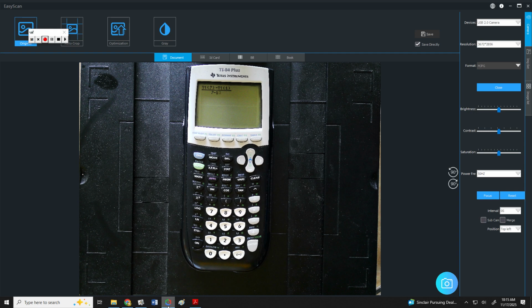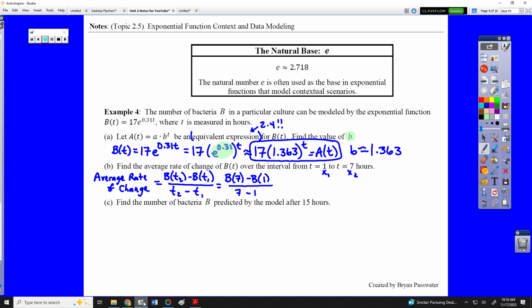And when I hit enter, it's going to feed 7 and 1 to that equation I have stored in y1, get those outputs, and plug them into this function, which would give us 20.952. So 20.952 would be the average rate of change in bacteria per hour.